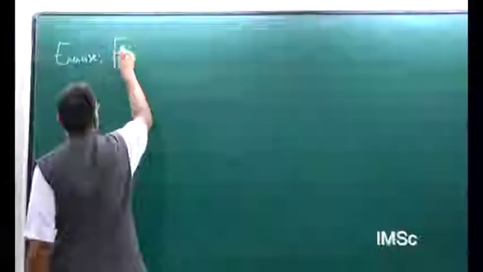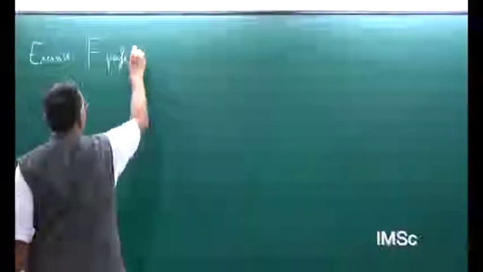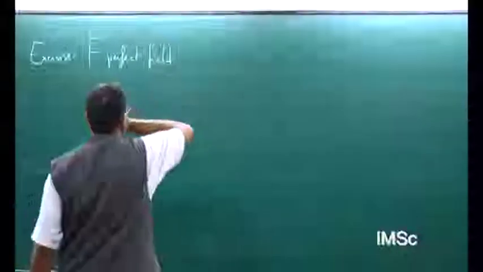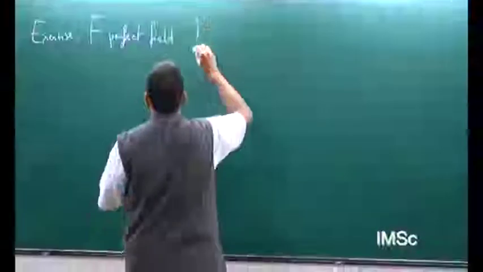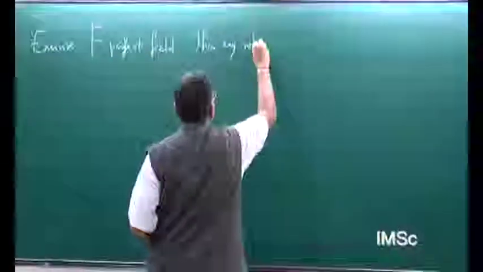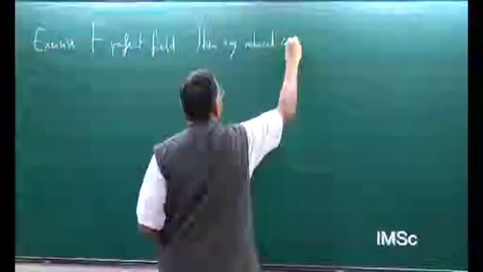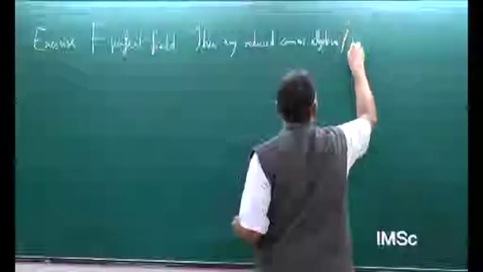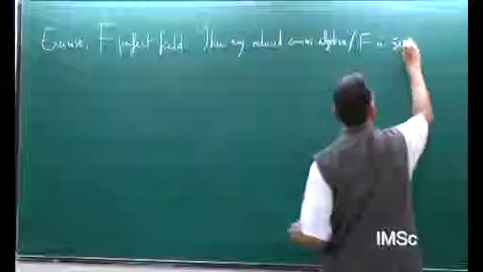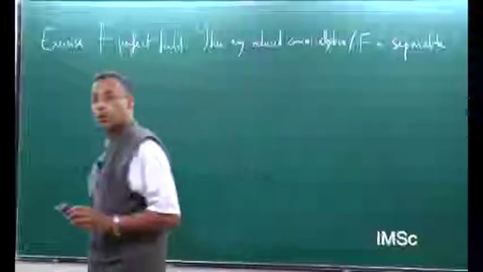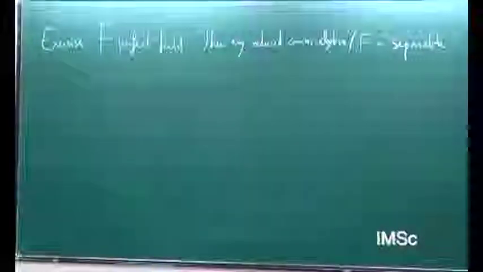So if F is a perfect field, then any reduced commutative algebra over F is separable. Of course, this is a new word for you perhaps. I'm introducing a new word, separable. I have to define what it means, right?